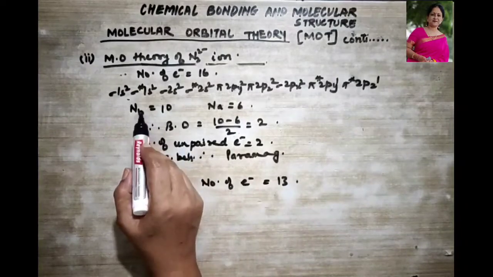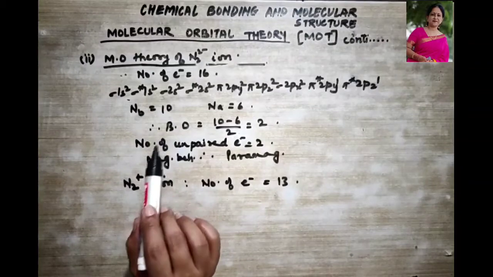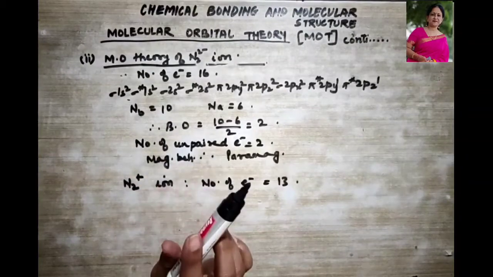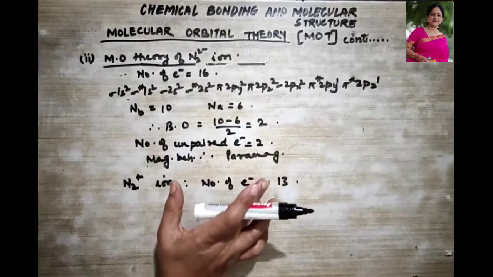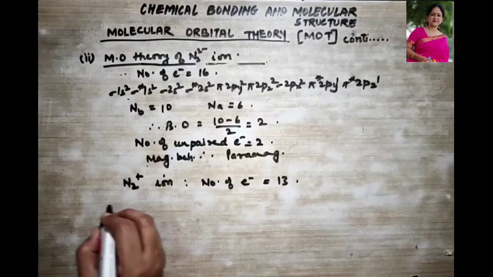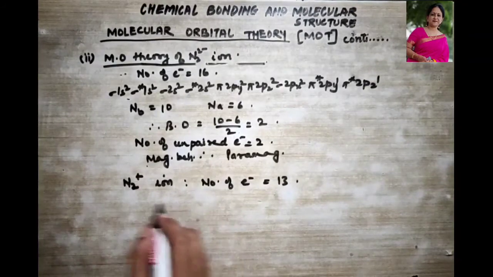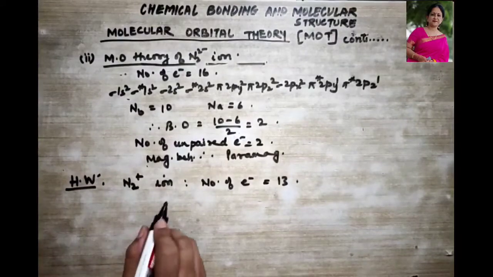You are going to find out the number of electrons, bonding electrons, antibonding electrons, the bond order, the number of unpaired electrons and the magnetic behavior. Okay, then oxygen, so O2. Now all this is your homework. Okay, from here starts your homework. You are going to practice all this.